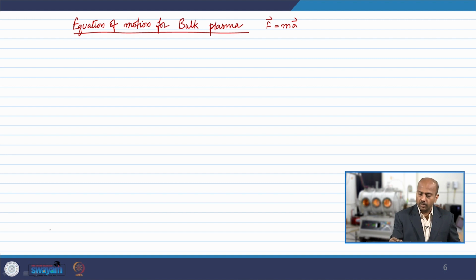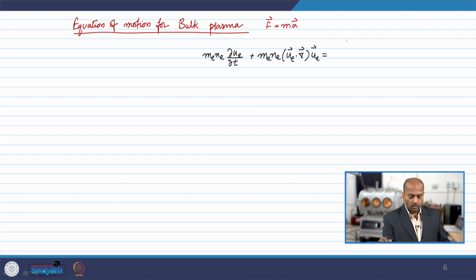So essentially we just have to add both the equations, which is me ne ∂ue/∂t plus the advection term me ne (ue dot del) ue is equals to minus del Pe plus Qe Ne times (E plus Ue cross B).